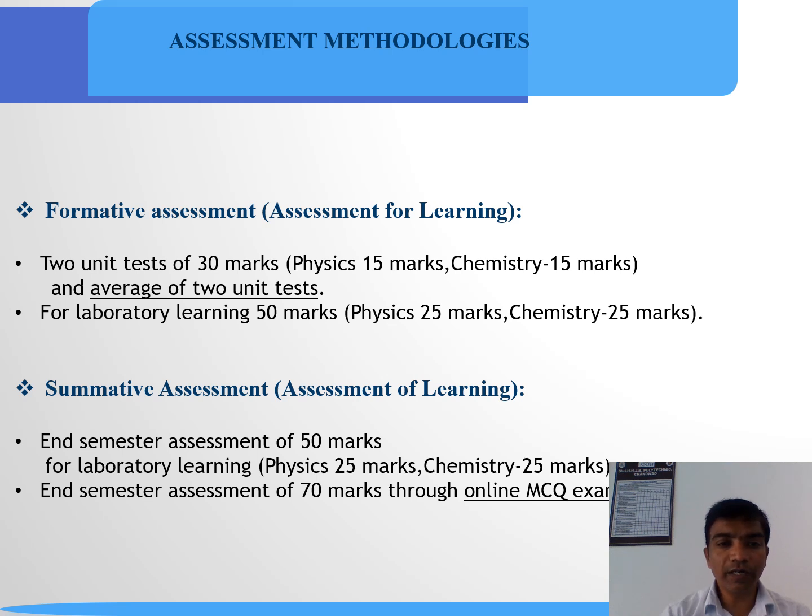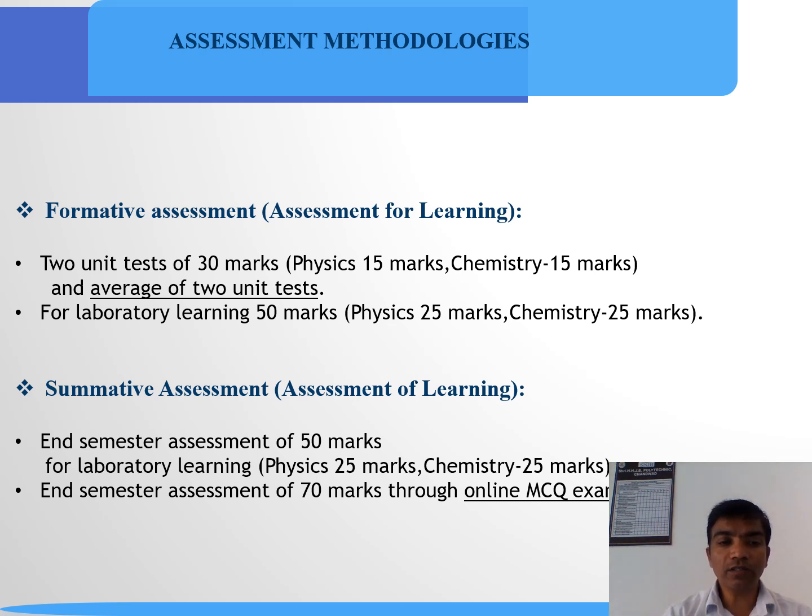The next one is summative assessment. Summative assessment is always done at the end of the semester. The end semester exam, as you can see, is for 50 marks and the time allocated is 1.5 hours, with 25 marks for physics and 25 marks for chemistry.